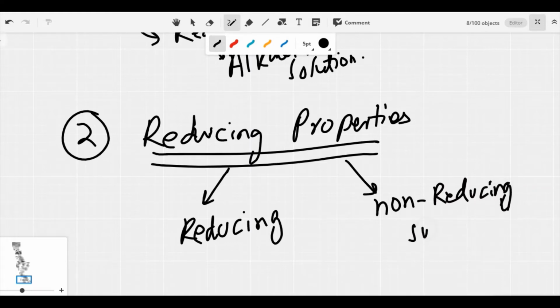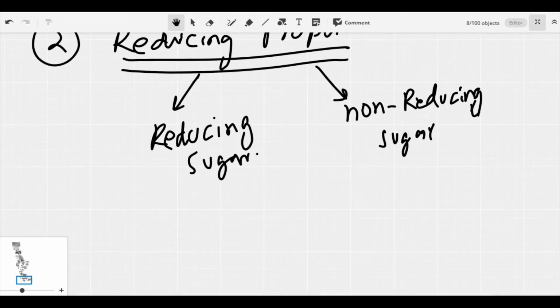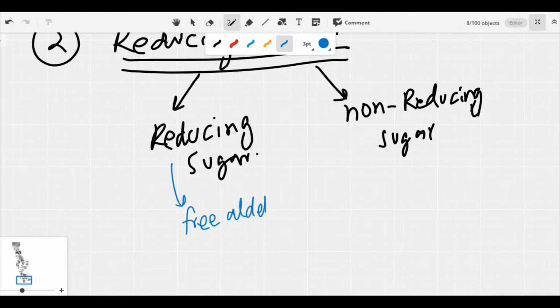Okay, so for the reducing sugar, remember, the reducing property is attributed to the free aldehydic or keto group of the anomeric carbon.